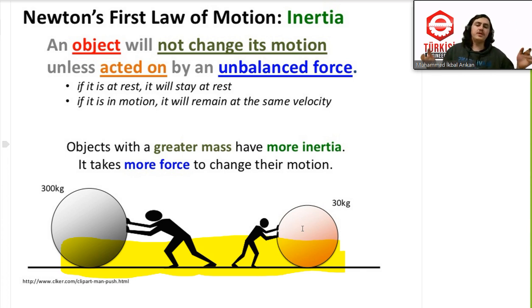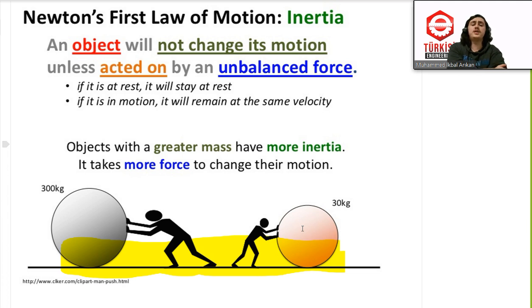That means objects which have more mass will have more inertia, so it will be difficult to change their state. Think about a truck. A truck has more mass, right? So if a truck is moving, it will be so difficult to stop, right?